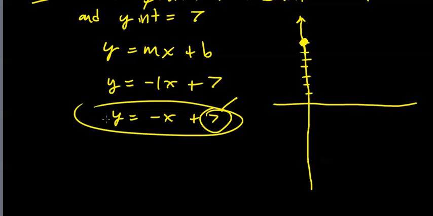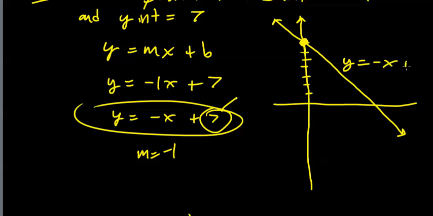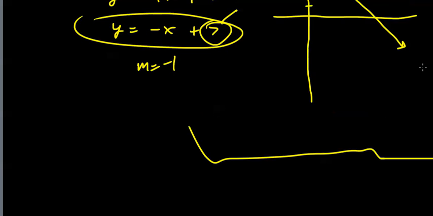And I know my slope is minus 1, and I can tell that by the x coefficient being minus 1. That means I'm going to lose 1 unit of rise for every unit of run, with a slope of minus 1. So we can use slope-intercept form as a graphing aid also.